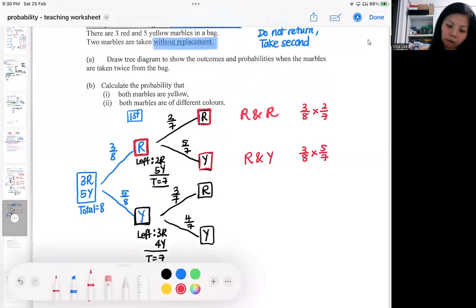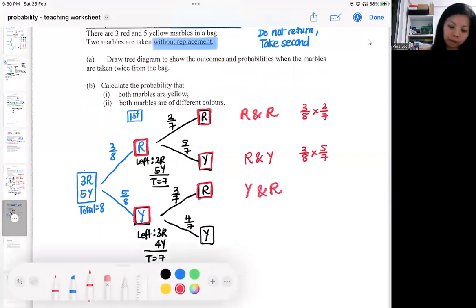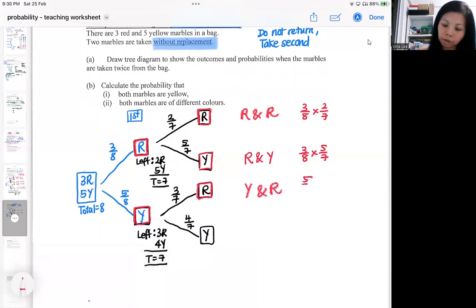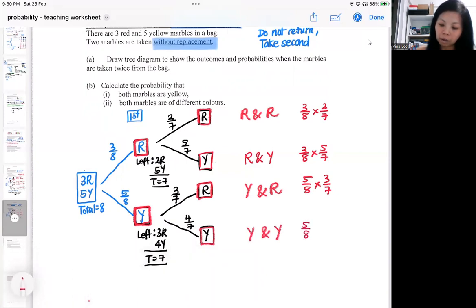Or it can be yellow followed by a red, the probability will be 5/8 times 3/7. The last possible outcome, of course, is when both are yellow, which will be 5/8 times 4/7.